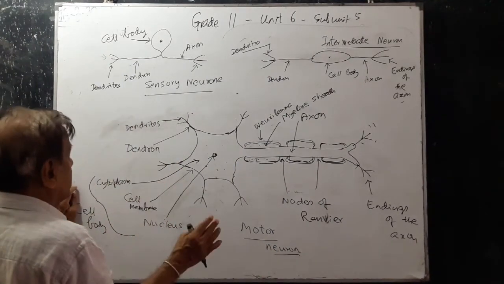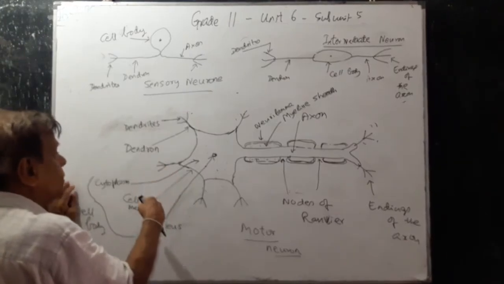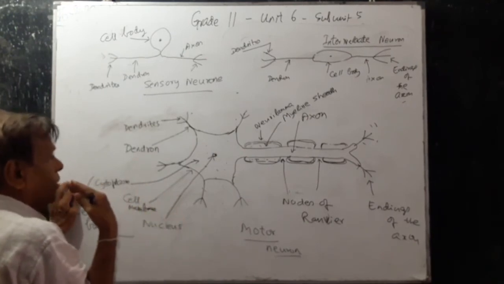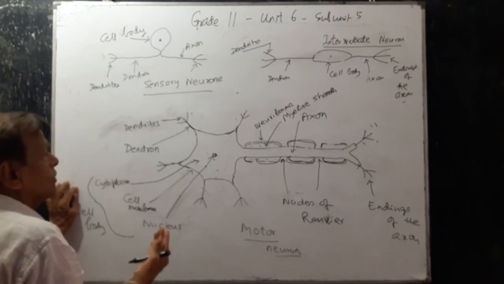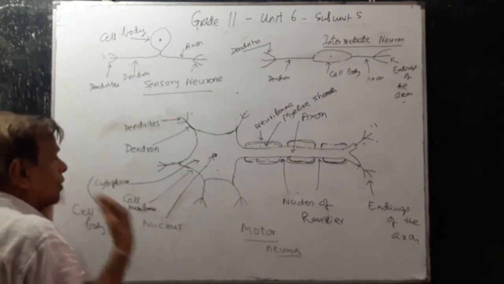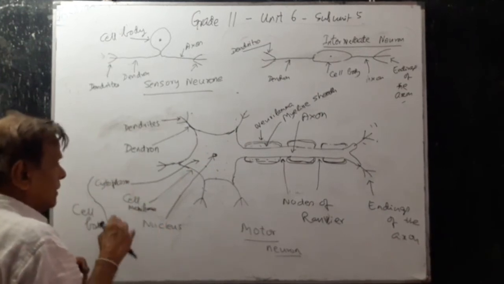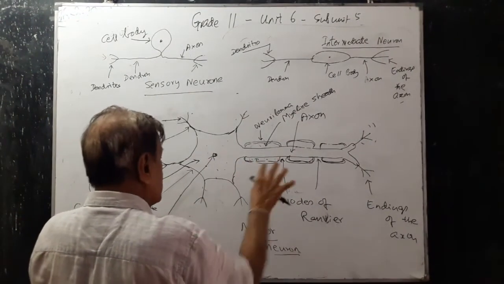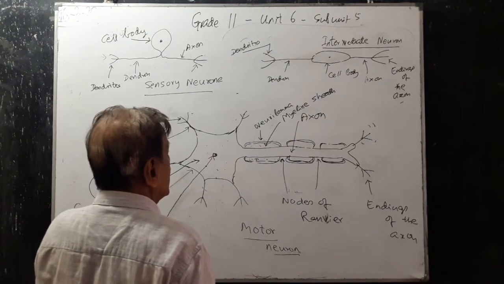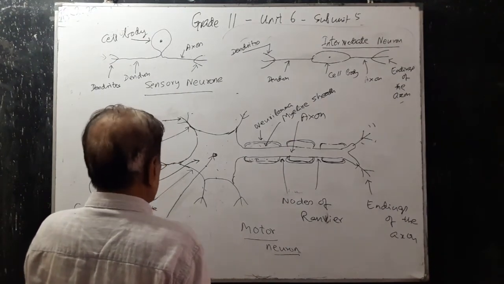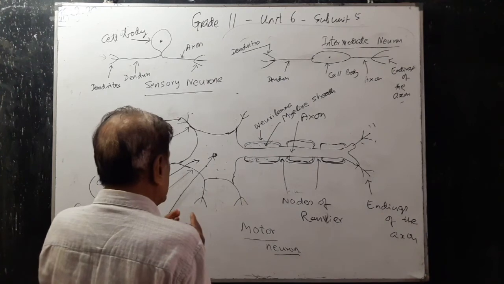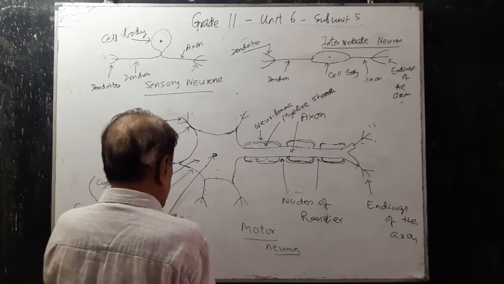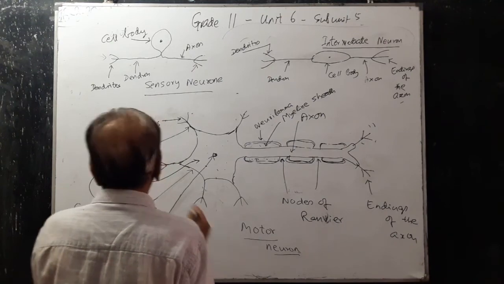There are short dendrites and also long dendrites, and there are short axons and also sometimes there are long axons. All these nerve fibers, right, dendrites and axon, nerve fibers. A nerve is made actually by neurons, right? Collection of neurons actually will make a nerve.